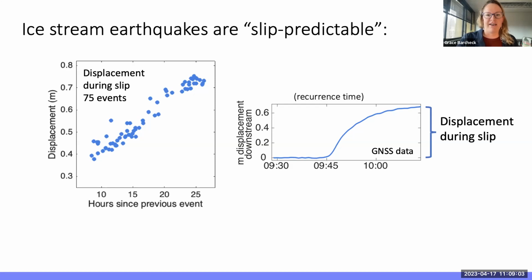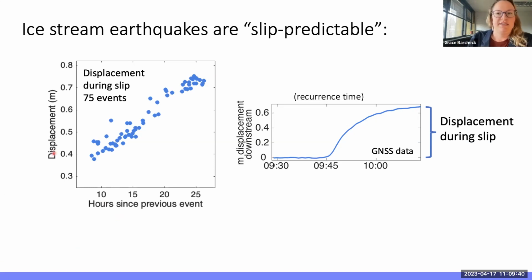So if we look at how far the ice moves during the 75 slip events in the data set, we see this nice approximately linear trend with how far the ice slips and how long it has been since the previous event. And we get this range of recurrence times, mostly because the slip events are modulated, let's say, by the tides in the floating ice nearby. So it's not always 12 hours, 12 hours, 12 hours. They vary in terms of recurrence time.